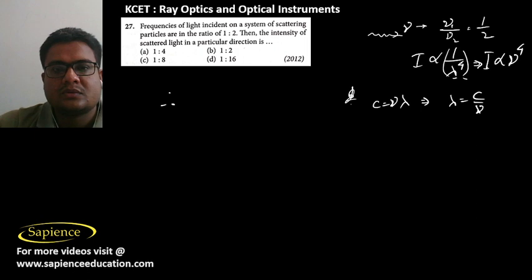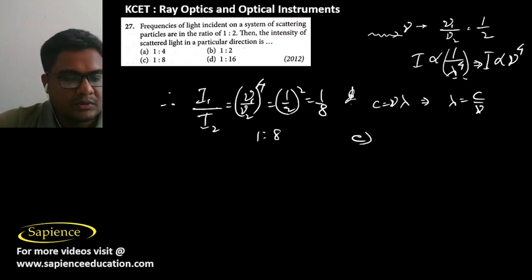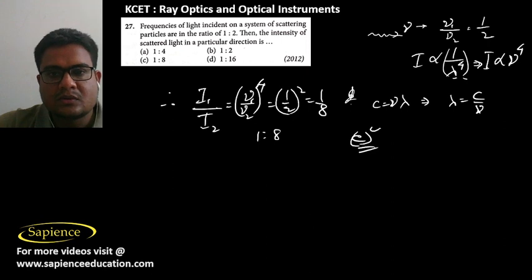The frequencies are in the ratio 1:2, so the intensity of scattered light will be in the ratio I1 by I2, that is nu1 by nu2 whole power 4. So that is 1/2 whole power 4, that is 1/8. So the ratio is 1:8. Option C is the correct answer. Okay, sorry, it is whole power 4, so 2 power 4 is 16. So 1:16. So option D is the correct answer.